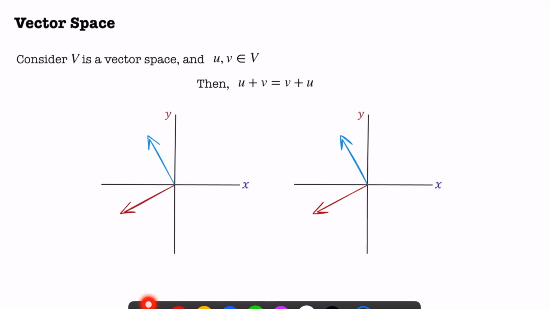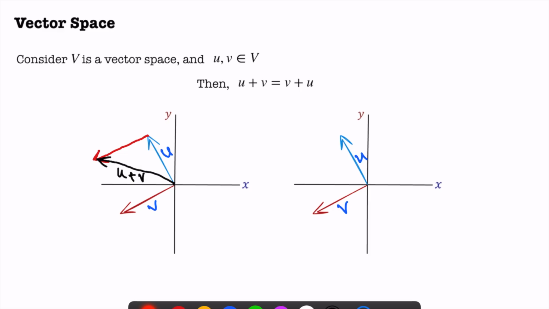Next property is, consider this capital V is a vector space and u, v are two vectors in this space, then u plus v equals v plus u. Now here, let's say this is u, this is v. On the left side we'll perform u plus v and on the right side we'll perform v plus u. Now add u plus v. For that, we'll move v and place it at the tip of u, right? And then we'll get our resultant u plus v.